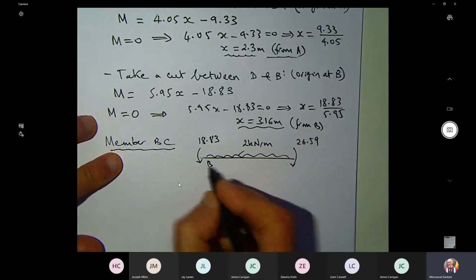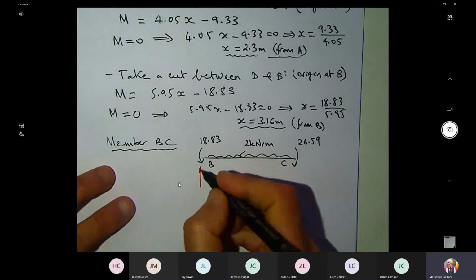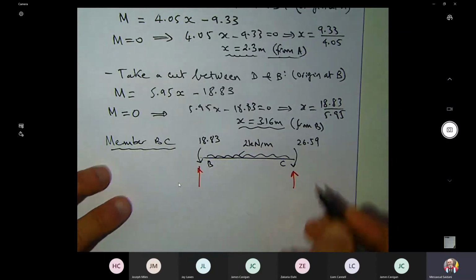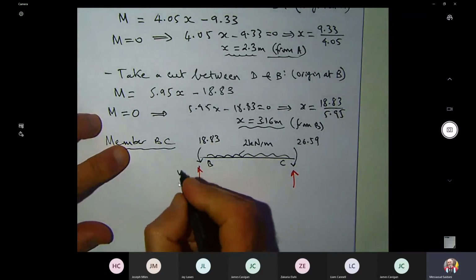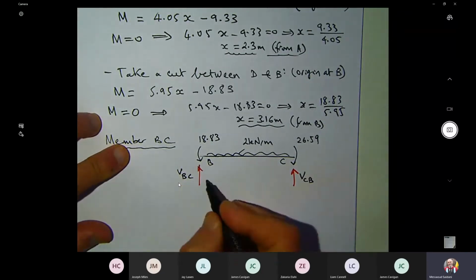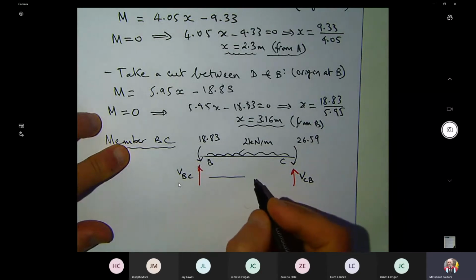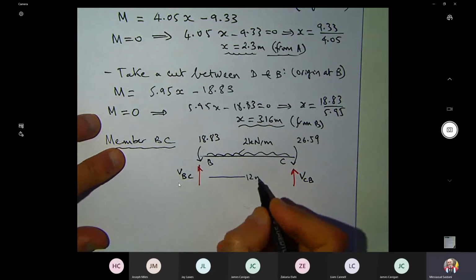This is B and this is C. So we have reactions at B and at C. We call this VBC, and this reaction is VCB, and we have a span of, I forgot, 12 meters.